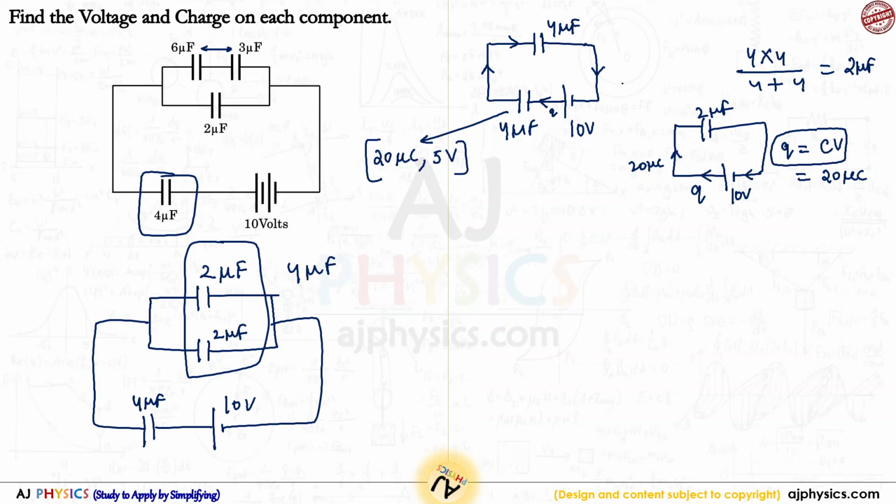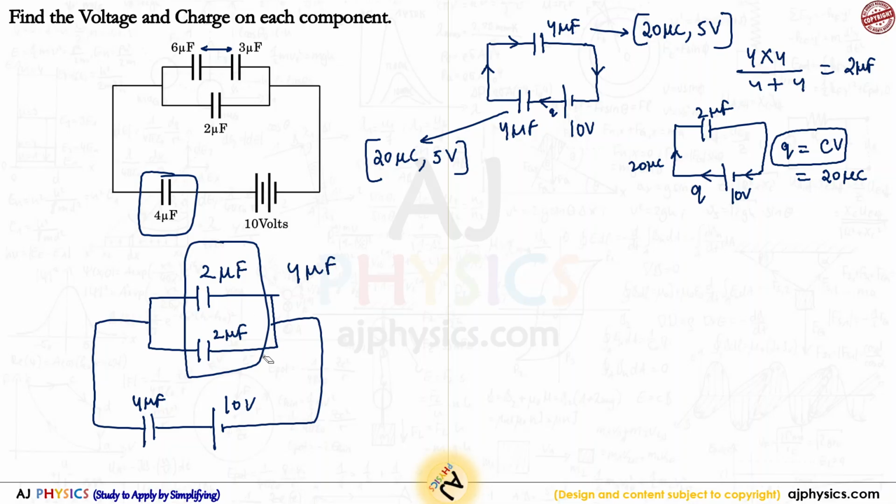Let's go for the other portion. Similarly, this is a similar capacitor. So the 20 microcoulomb will pass from here with a voltage of 5 volts. Now let's get back to the previous step.